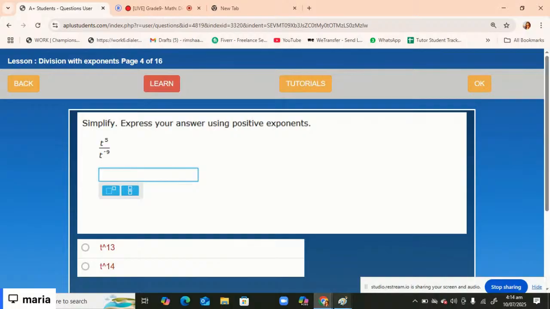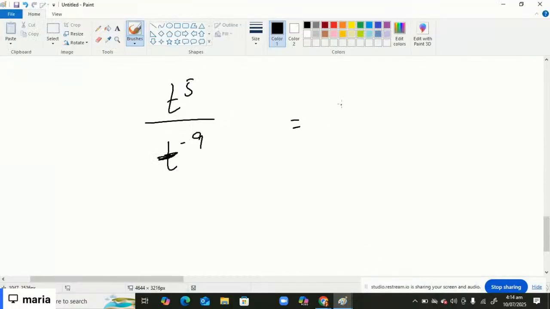I'm also solving it here, okay? Let's suppose here is t power 5, and when this minus 9 moves up, it becomes positive 9. So what is the answer we get? 5 plus 9 is 14. So this is a positive exponent, okay?